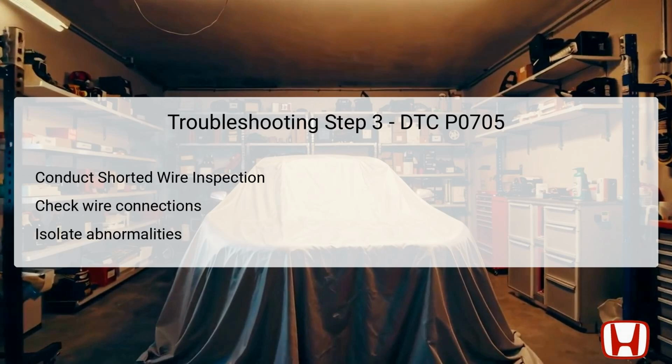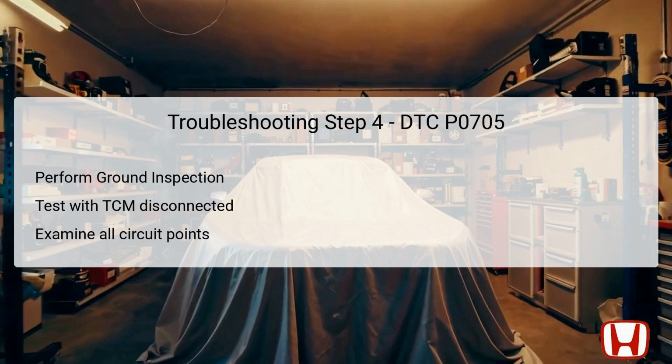With a multimeter, check for continuity and resistance, ensuring that the wires do not show signs of shorts, either to each other or to ground. Confirm that resistance readings are above 1 megaohm, indicating healthy wiring. Identifying any shorts will guide you to the faulty area of the circuit, leading to P0705.